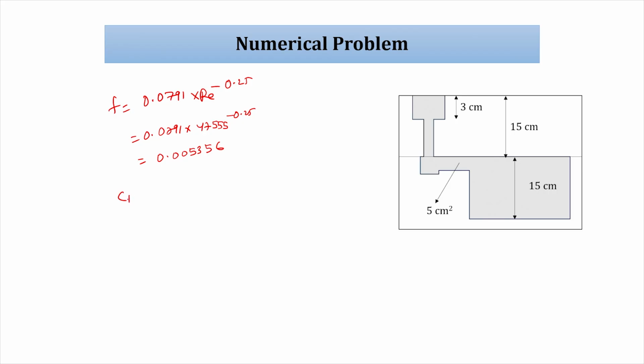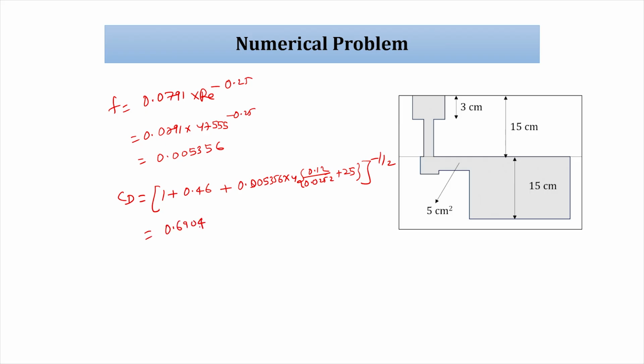So, now CD again, we will calculate CD: 1 by 1 plus 0.46 plus 0.005356 into 4, L by D 0.12 divided by 0.0252 plus 25, to the power minus half.